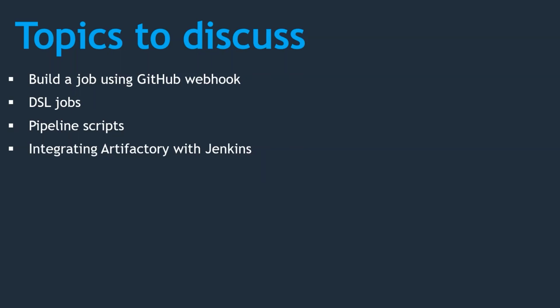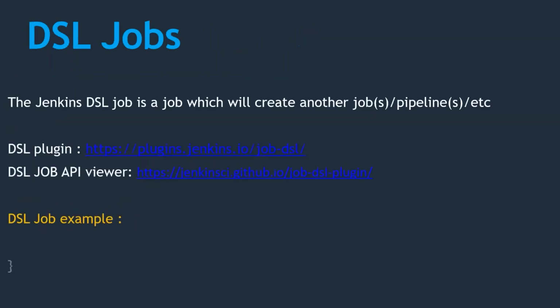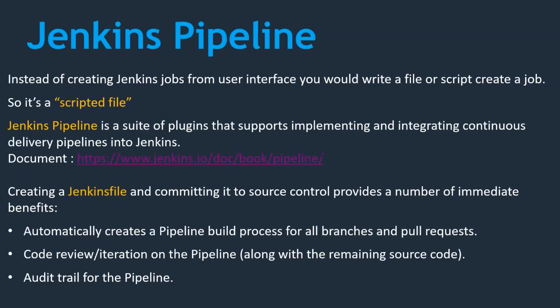First, let's start with the pipeline scripts. First of all, we should understand what pipeline scripts are. If you see here, Jenkins pipeline. First we'll understand what Jenkins pipeline is and what it does.